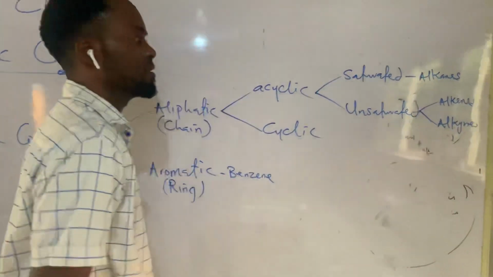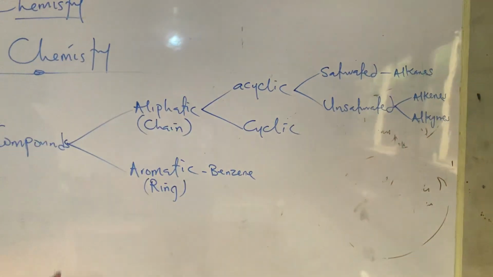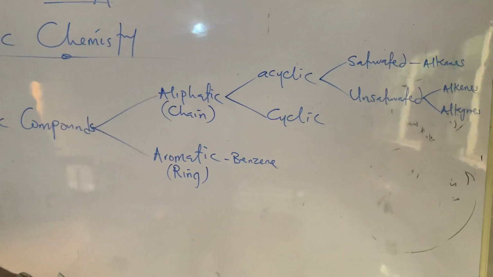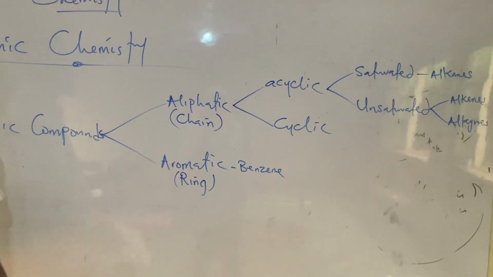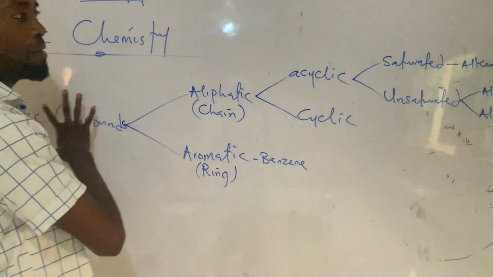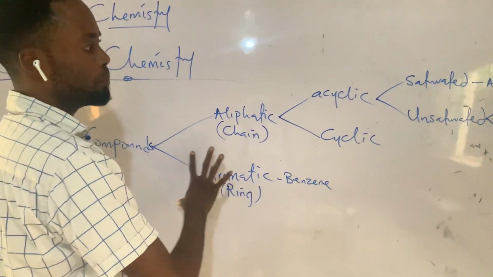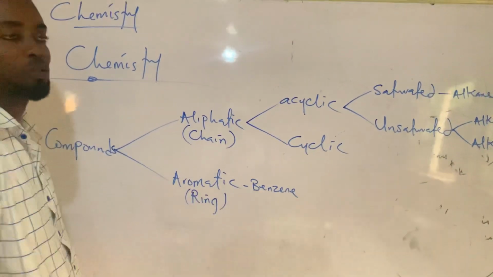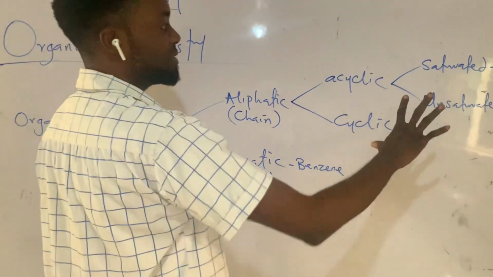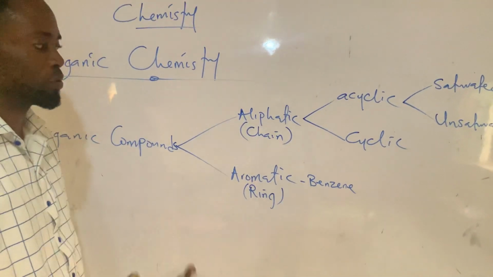So, this chart helps to fully understand what we'll be doing in organic chemistry. These are the major basics, the foundations of chemistry. So if you understand this chart, then it's easier for you to understand.